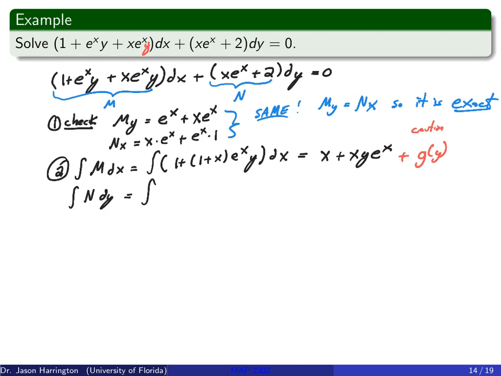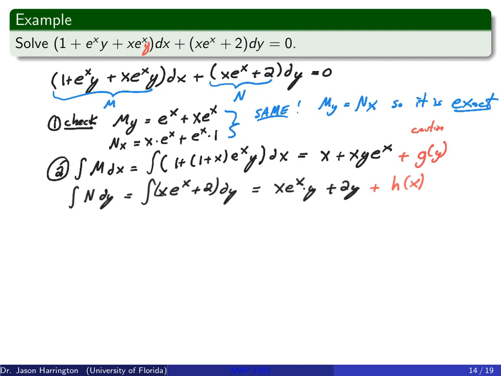I'm going to have the integral of x e to the x plus 2, and I'm integrating with respect to y. And so I'm left with x e to the x times y plus 2y. And again, in this case, instead of a constant, it's going to be a function of x because of how I was integrating.